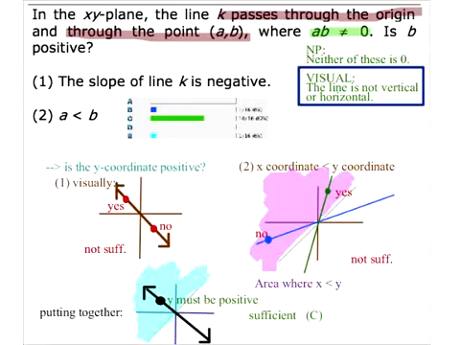I'll wait and see what you are typing. Okay, let's do something fun. Let's try this problem right here. I'm seeing one more person's typing a question, so let's see what that is real quick. Okay, someone says did not understand why 2 is not sufficient.